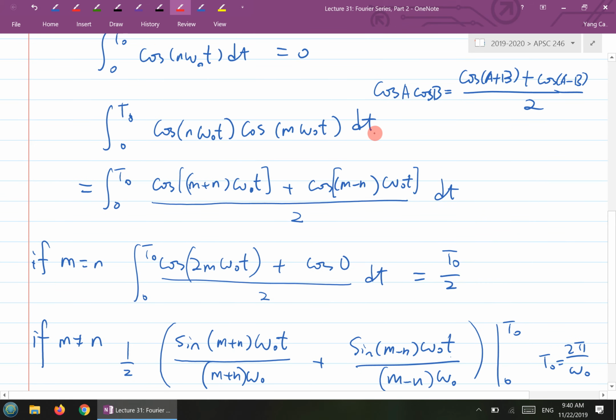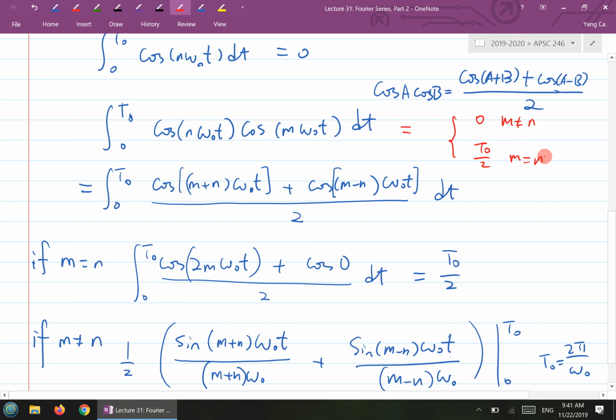So basically, this integration, when you pick two cosines, multiply them together and integrate over a period, you get either 0 or t naught over 2. When m is not the same as n, you get a 0. When m is the same as n, you get t naught over 2.